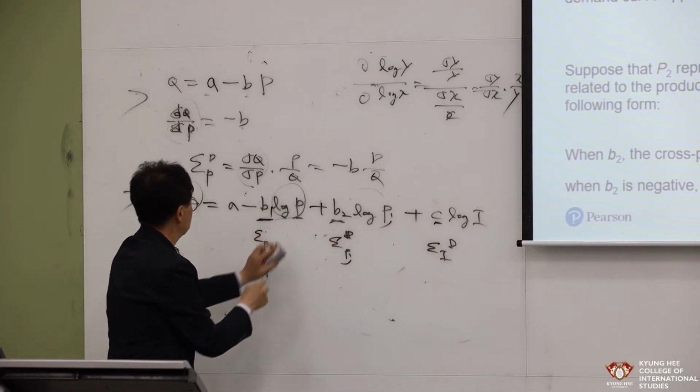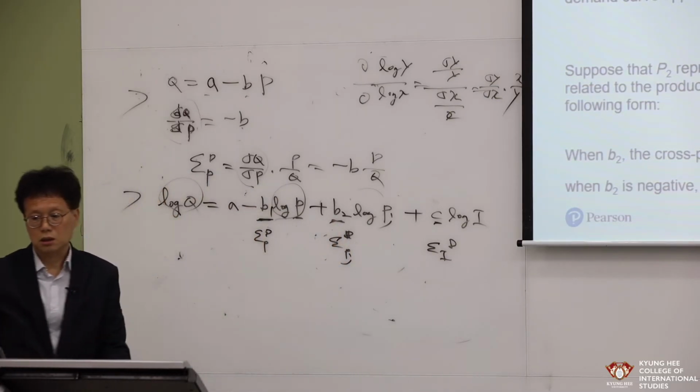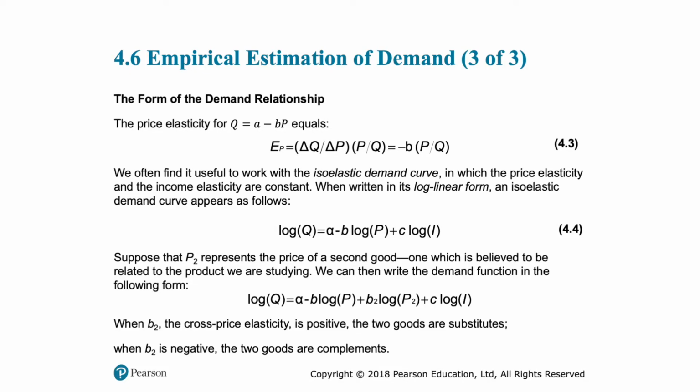So when B2, the cross price elasticity, is positive, the two goods are substitutes. That is the definition of substitutes. This one is positive, then good I and good J are substitutes with each other, right? When B2 is negative, the two goods are complements. That is the definition of substitutes and complements.